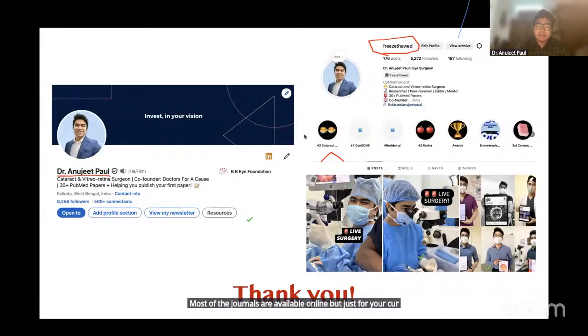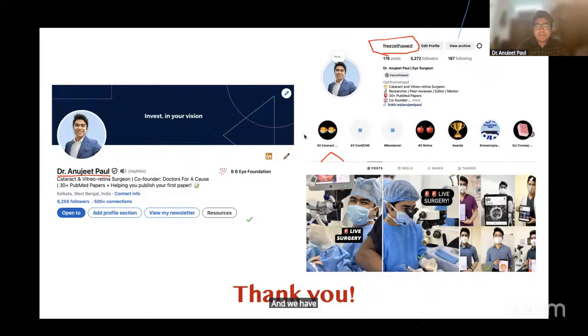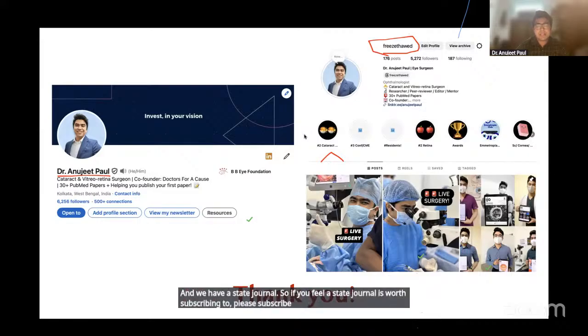But just for your curiosity and for the advancement of your knowledge, whichever specialty you're in, try to subscribe to its All India Journal version, number one. And if you have any subspecialties in that, so for example, in ophthalmology, we have the Indian Journal of Ophthalmology, which is the national journal for it. And we have a state journal. So if you feel your state journal is worth subscribing to, please subscribe, or at least subscribe to the national journal.